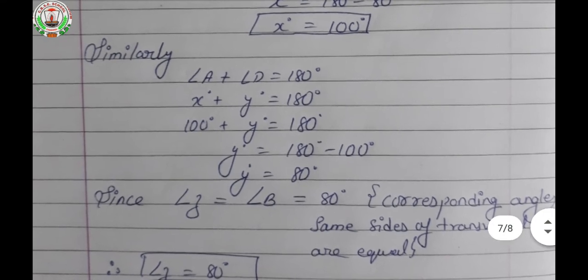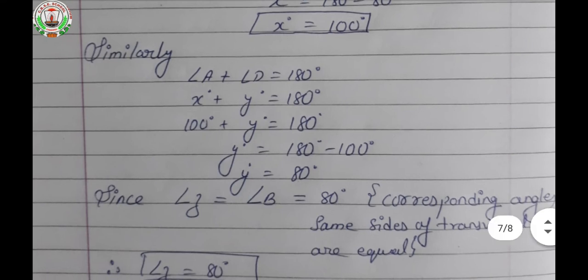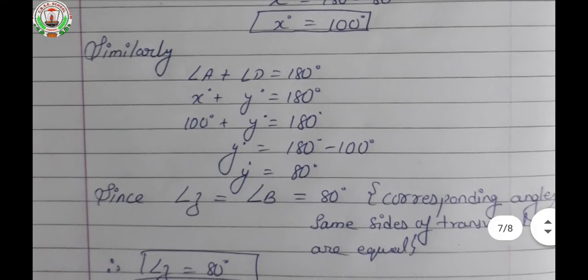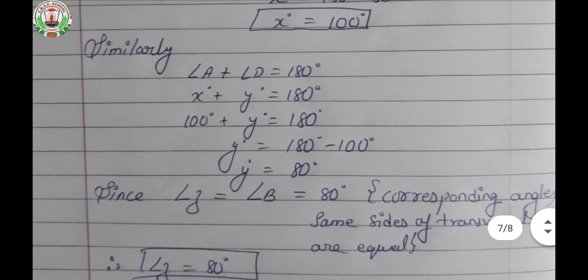So while transposing 100 from the left hand side to the right hand side, Y is equal to 180 minus 100 degrees. Therefore Y is equal to 80 degrees.